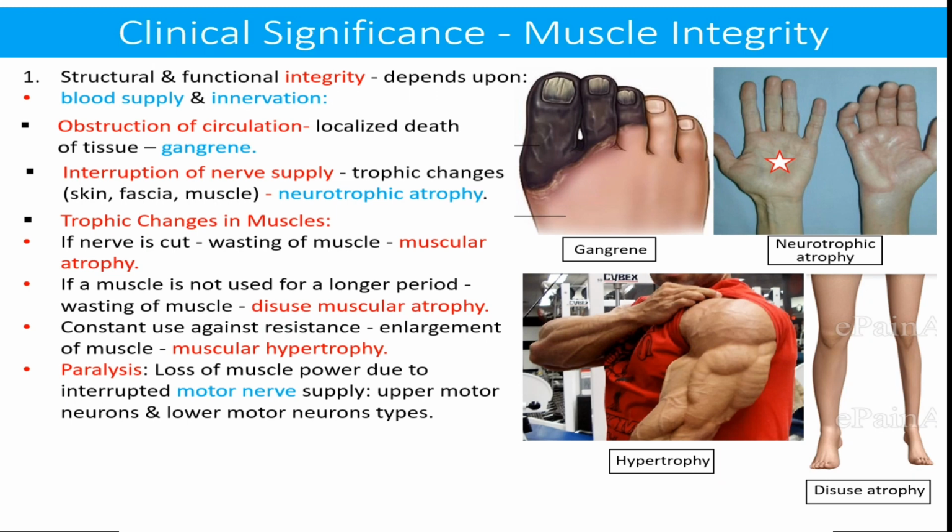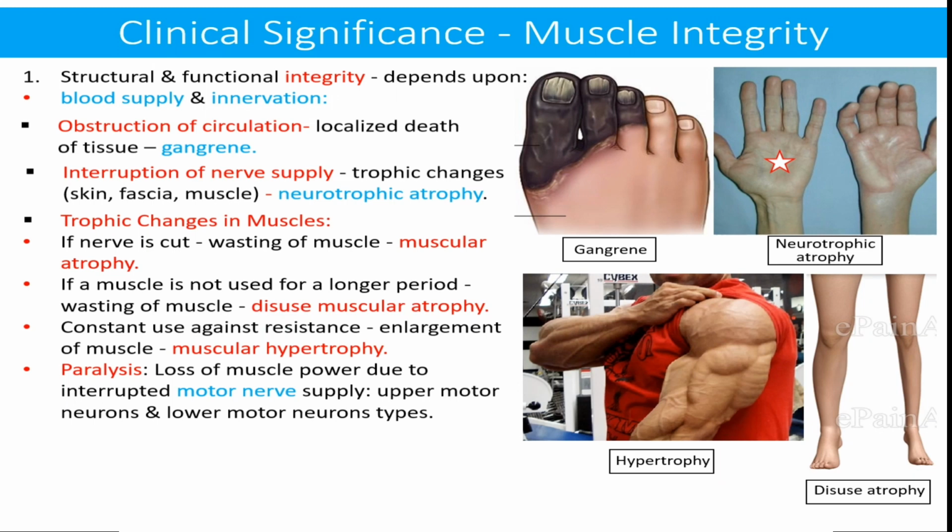Constant use against resistance leads to enlargement of the muscle and the condition is named as muscular hypertrophy. If there is interruption of motor nerve supply to a muscle, that leads to loss of muscle power and the condition is named as paralysis.